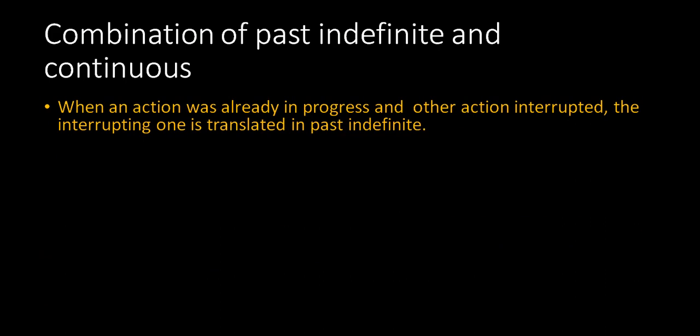So our topic is combination of past indefinite and continuous tense. In this lecture, we will talk about how to combine past indefinite with past continuous tense. So first of all, I tell you, when an action was already in progress and another action interrupted, the interrupting one is translated into past indefinite.